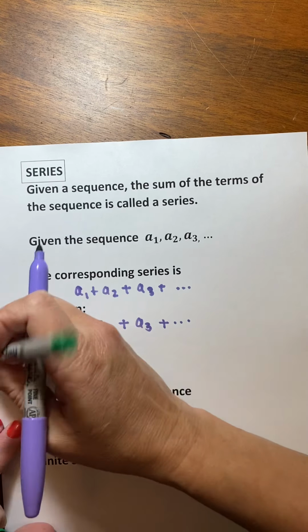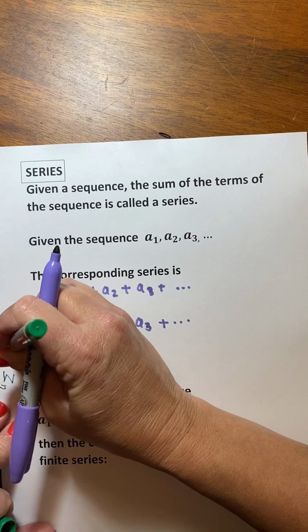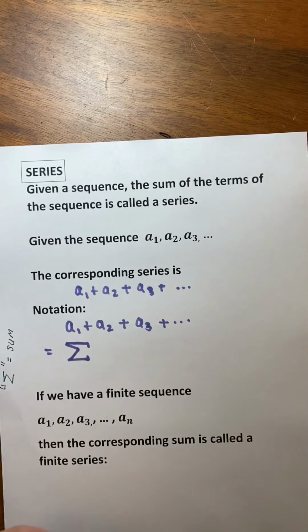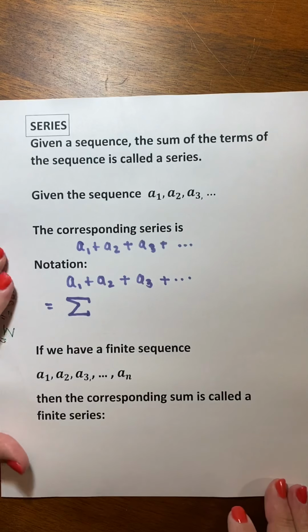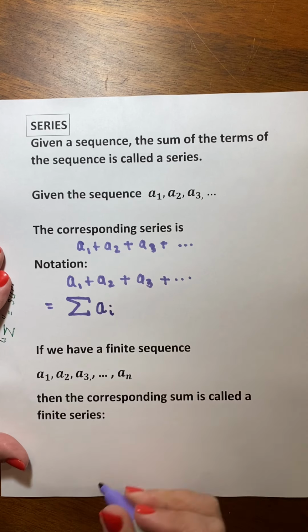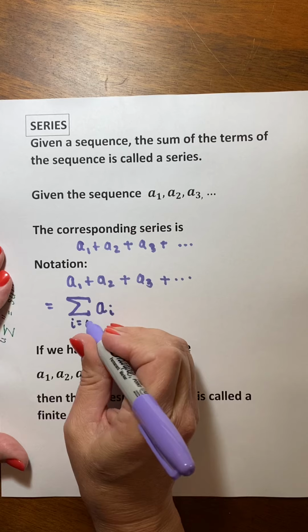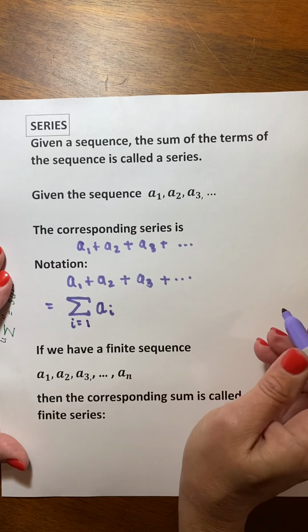Let me put a little side note here. So in math, when you see that Greek letter sigma, we're typically talking about a sum, and we generically put a subscript of i. We put down here where the first subscript starts, and then does it go on forever or does it stop?